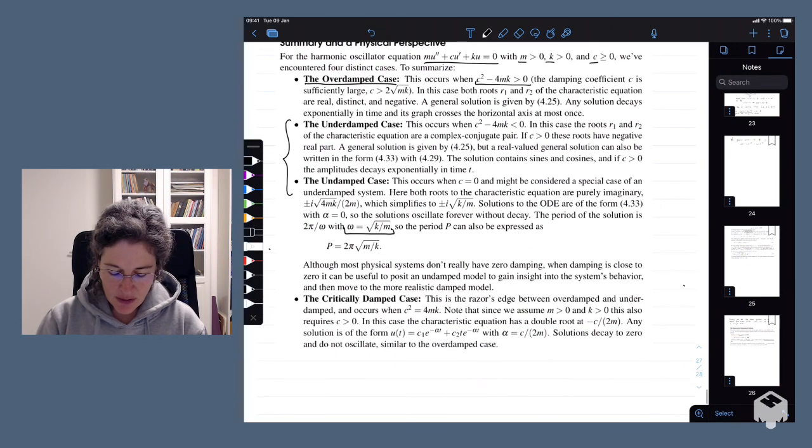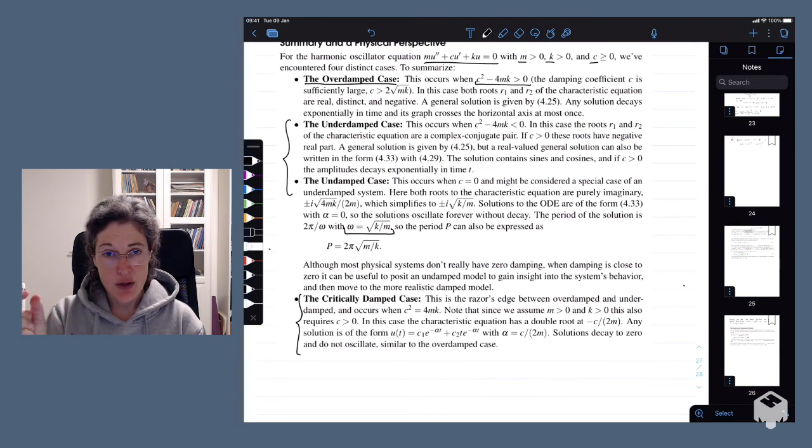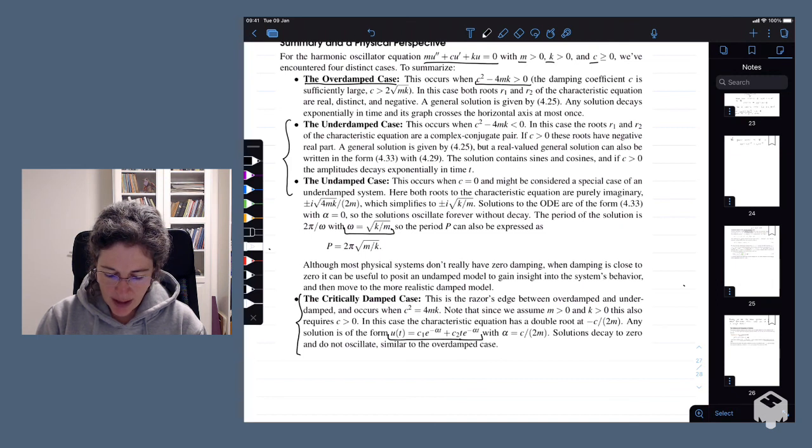And then finally, the last case we looked at was the critically damped case, where we had to find an additional solution, and our solution has a slightly unexpected form where we have a t over here. The one thing we haven't done is draw any of those solutions, and I would encourage you to do that for homework.